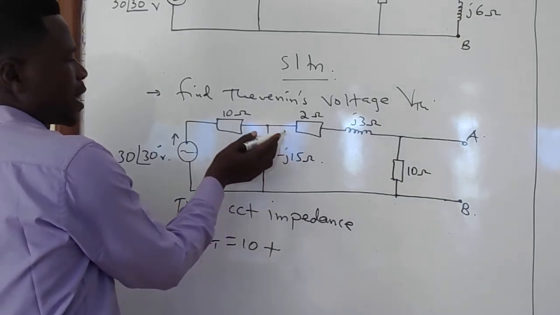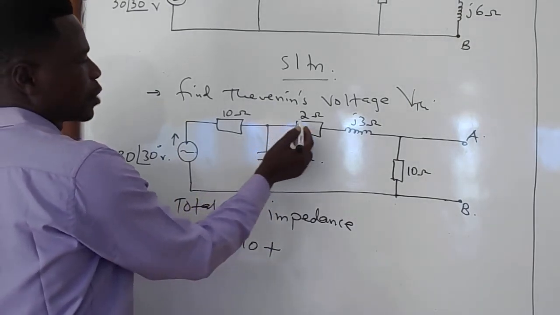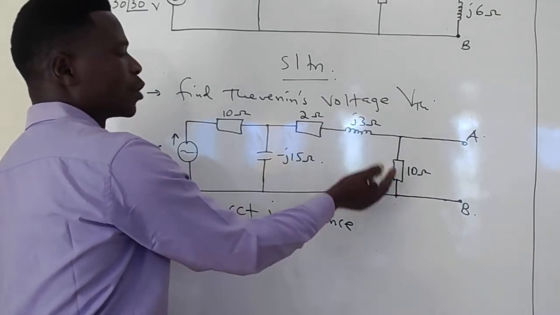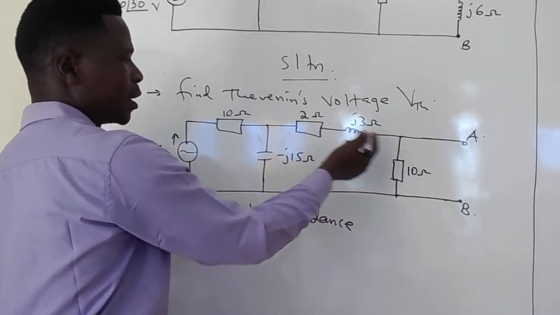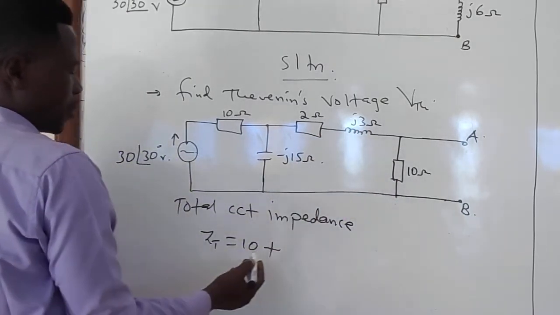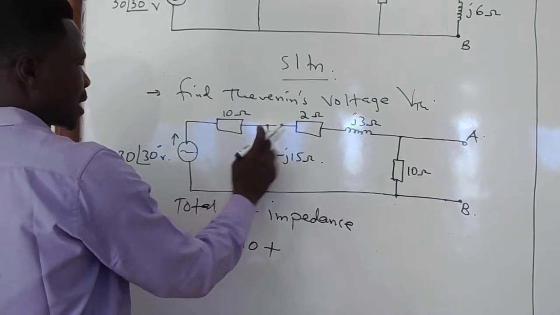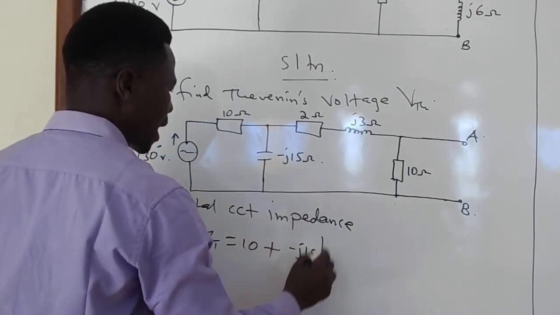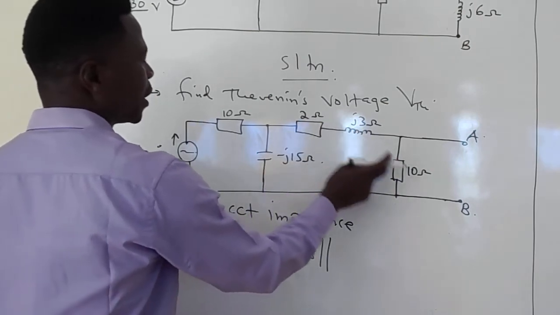From there, we'll get the current flowing through the 2 ohms, J3 ohms, and the same current will go through the 10 ohms because the 3 components are in series. Therefore, now I have 10 ohms plus negative J15 in parallel with the 3 in series.